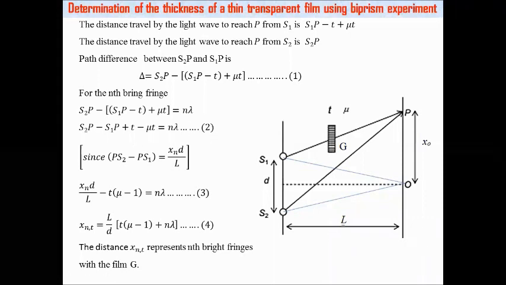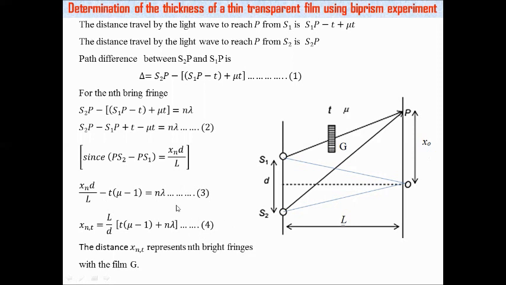We know from the Young double-slit experiment PS2 minus PS1 equals x_n d divided by L. If you substitute PS2 minus PS1 equals x_n d divided by L in equation 2, you will get equation number 3.